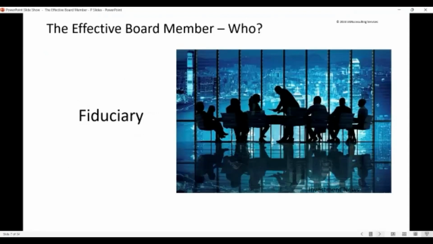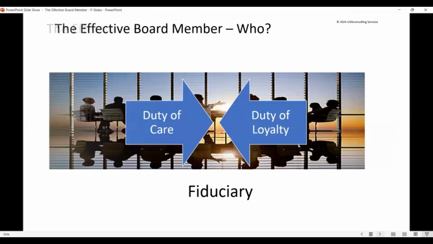That means a board member is a fiduciary, and when you're a fiduciary, you have two duties: a legal and ethical obligation, the duty of care and the duty of loyalty. You have a legal and ethical obligation to do whatever you're doing in the best interest of the shareholders, also considering the interest of stakeholders.